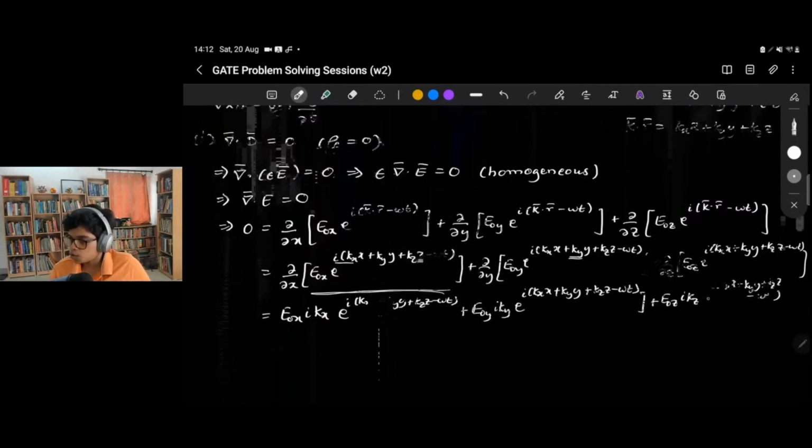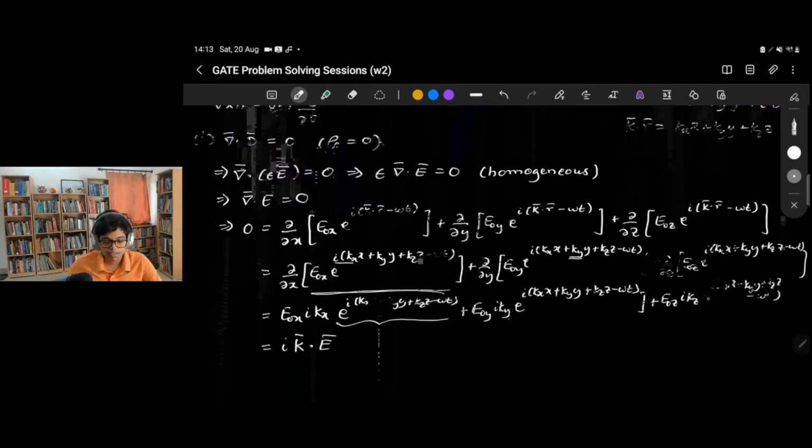Now you notice that this big expression is nothing but I times k dot E. So why I say that, see, I you can take common from each of these three terms, and the remaining term is nothing but k dot E. Kx times E naught x, and this exponential term is same for all. Ky times E naught y, and this exponential term. Kz times E naught z, and the exponential term.